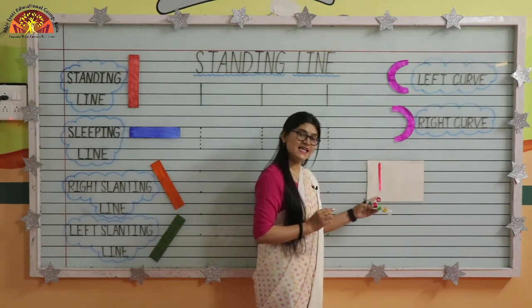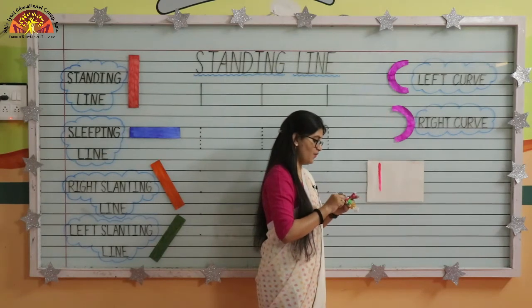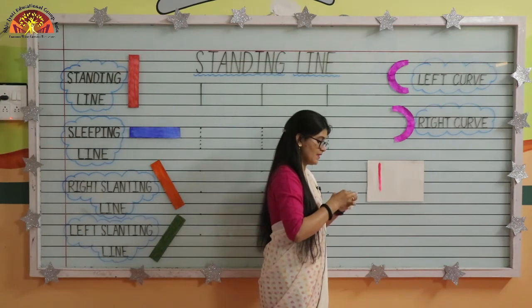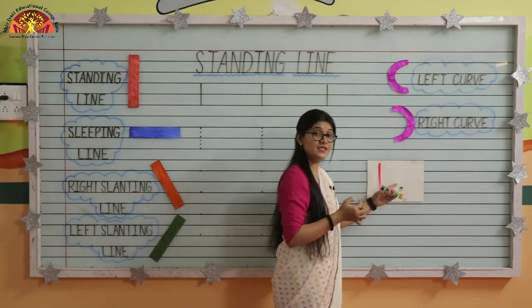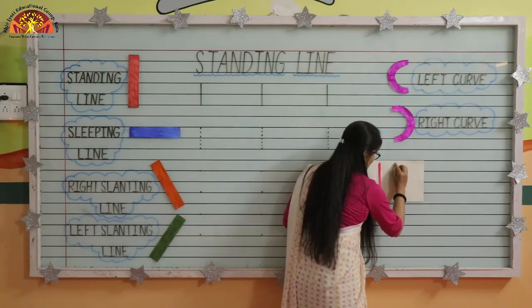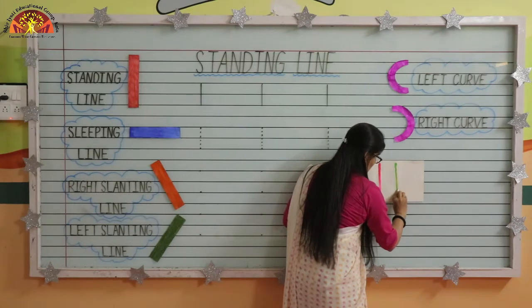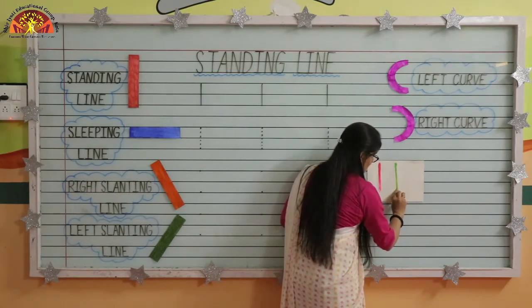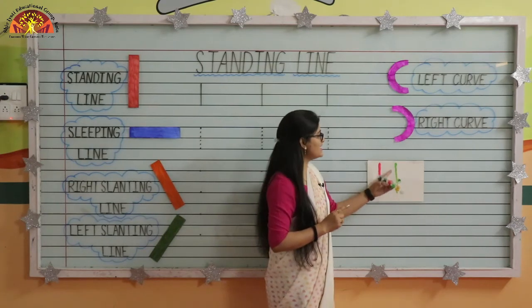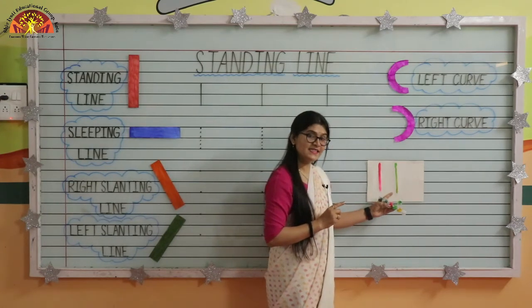This is standing line. Now, dip your finger in another color and again make a straight line top to bottom, like this, very slowly. What is this? This is standing line.